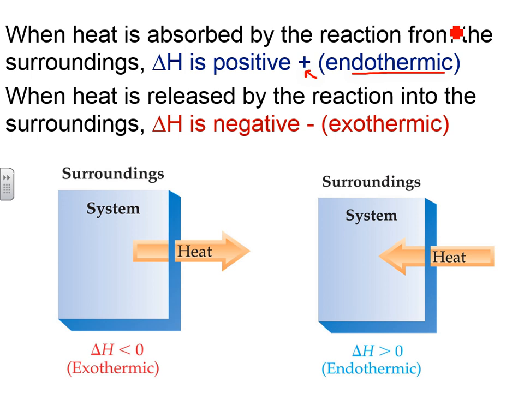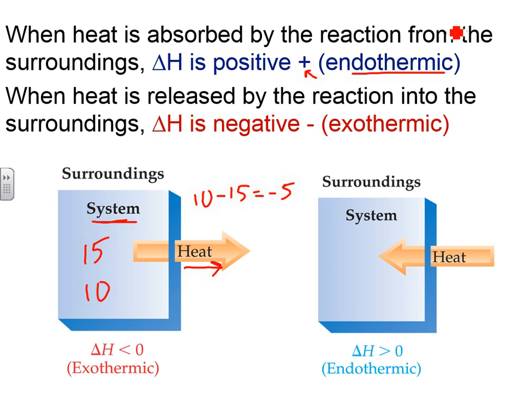Another way of showing this: here we have the system, the chemical reaction itself, releasing heat to the surroundings. Notice heat is coming out of the system. If before we had 15 kilojoules and after we have 10 kilojoules, then final minus initial is 10 minus 15, and you get negative 5. That's how you get a negative if you are releasing heat: exothermic.